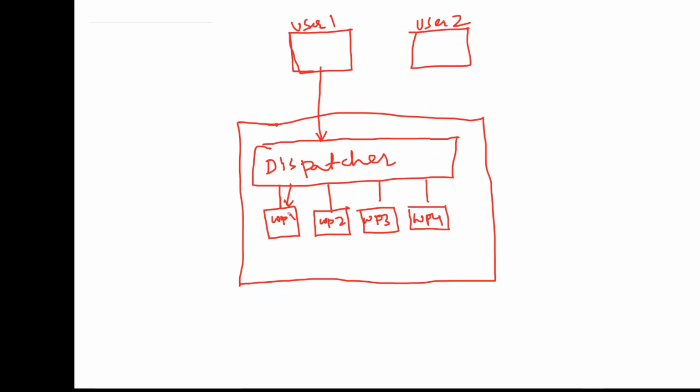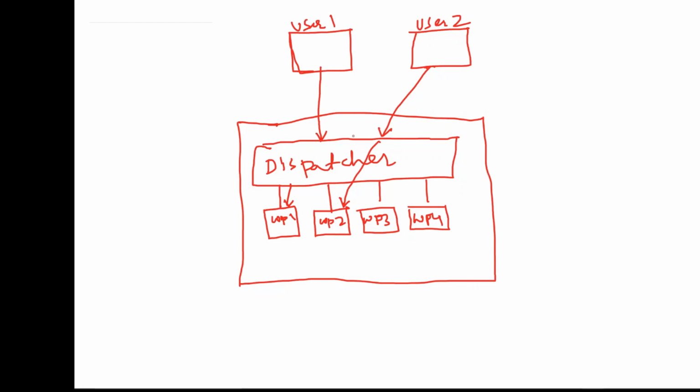While work process 1 is processing this request, if user 2 makes a new request, for example, he's also running another report, then the request will again go to the dispatcher. Since the dispatcher sees that work process 1 is already busy processing some request, it will assign it to work process 2 because this is free.